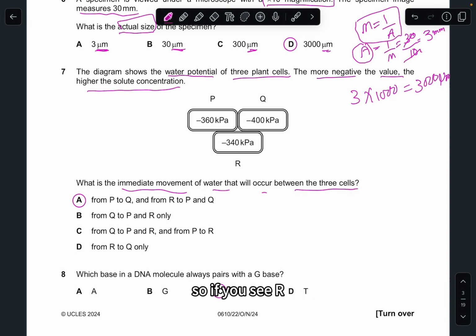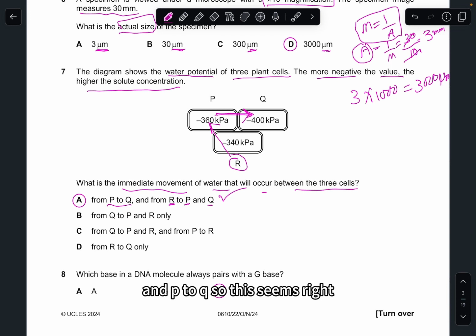If you see R, it has the more negative value, so it has the highest concentration, then P and then Q. So if you see A, water will move from P to Q, and from R to P and then Q, from R to P and P to Q.